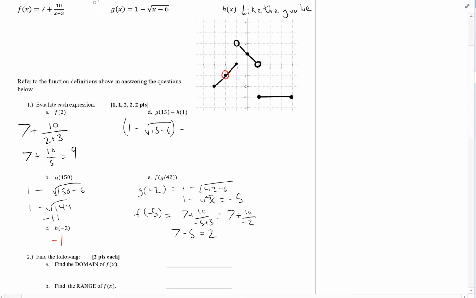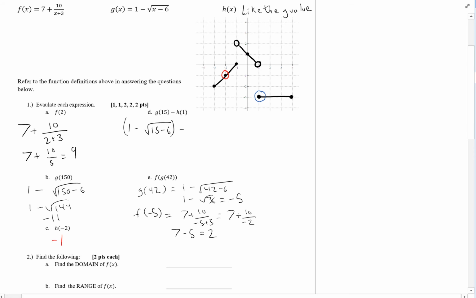And h of 1, right, I'm just plugging in 15 for x in the definition of g, and h of 1 is similarly, when the x of h is 1, here's where it gets tricky. This is a hole, right? This point is not on the function. When x is 1, the y value of h is this down here, negative 3. You might think that there are 2 points, but it's a function, it passes the VLT.